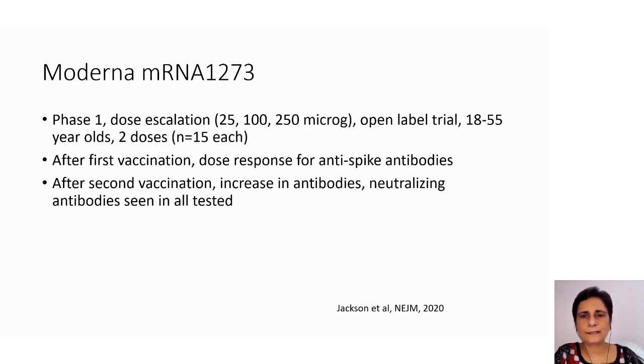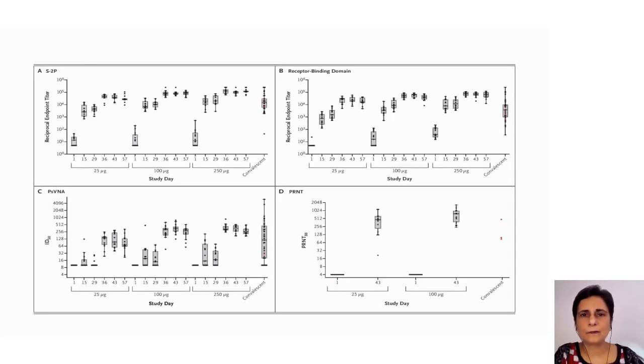After the first vaccination, anti-spike antibodies were very well seen. And after the second vaccination, there was an increase in binding antibodies and in neutralizing antibodies. So if we look at the data here, what Moderna did was to compare the antibodies that were produced by the 3 doses of vaccine with what was seen in people who had recovered from infection.